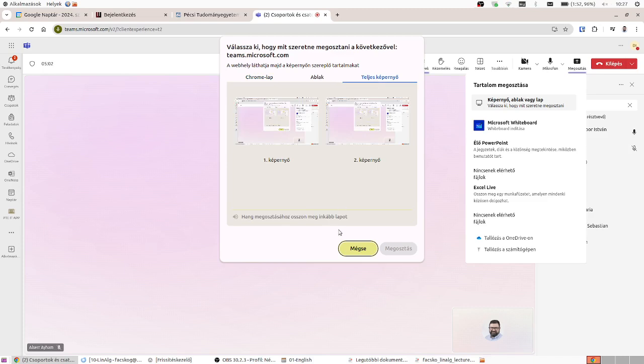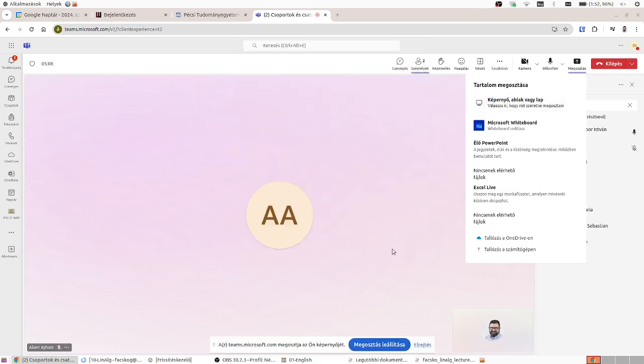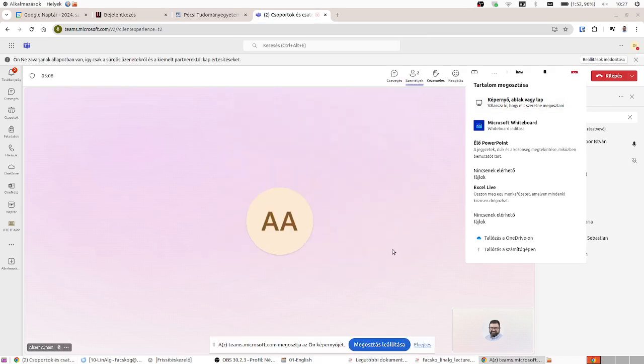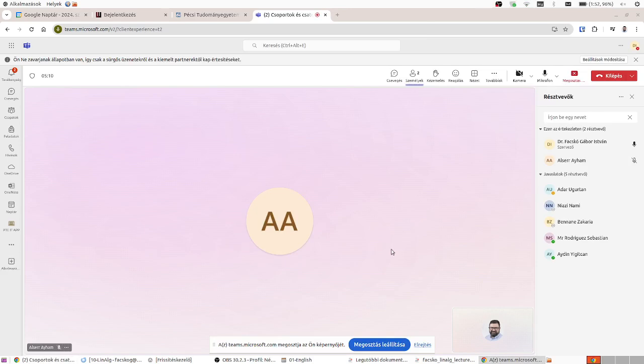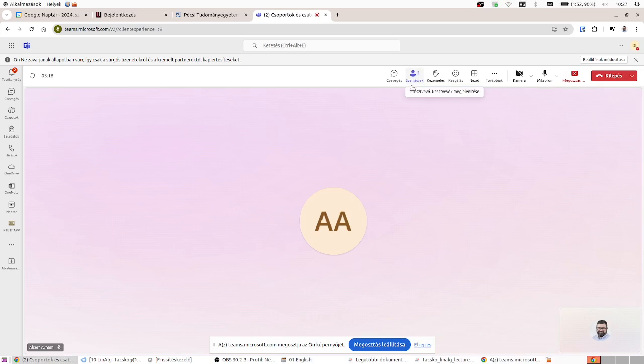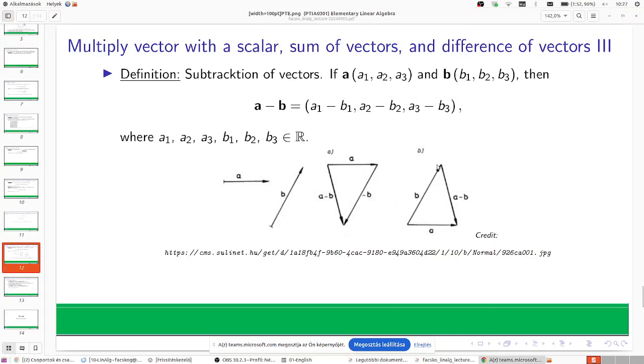Whose screen? The first screen. Great. In theory, it is visible.